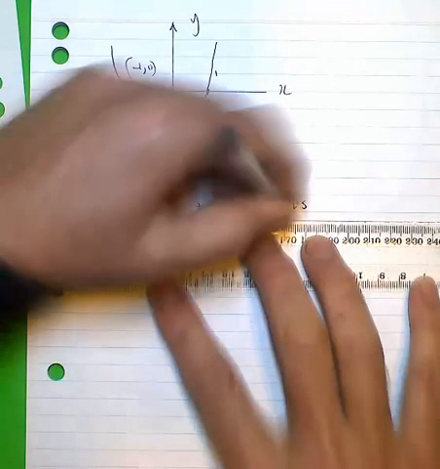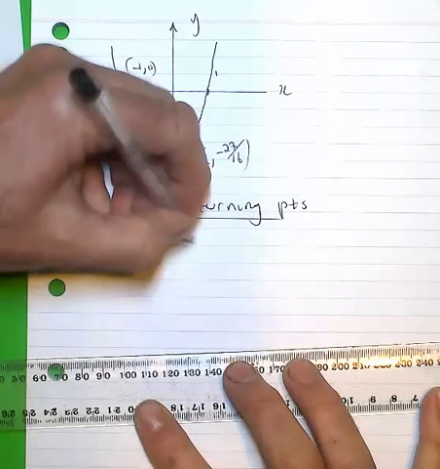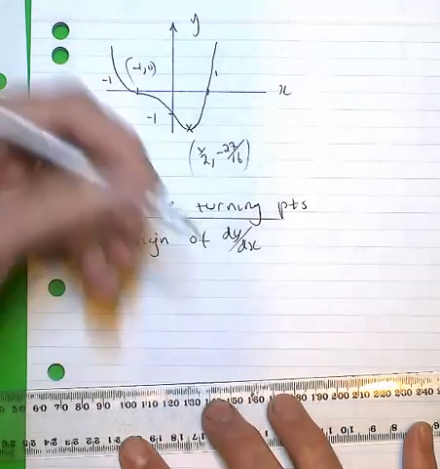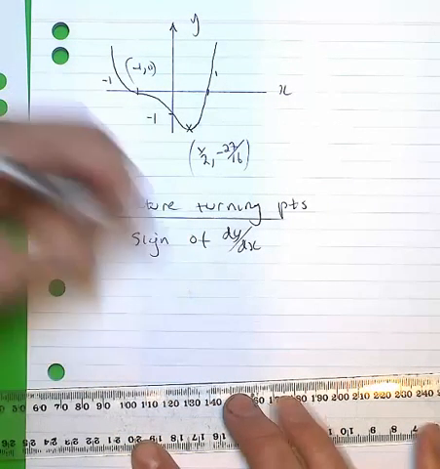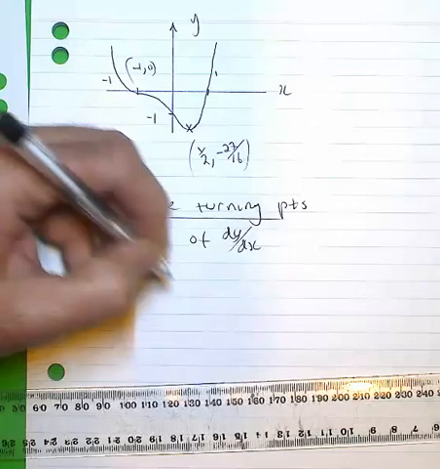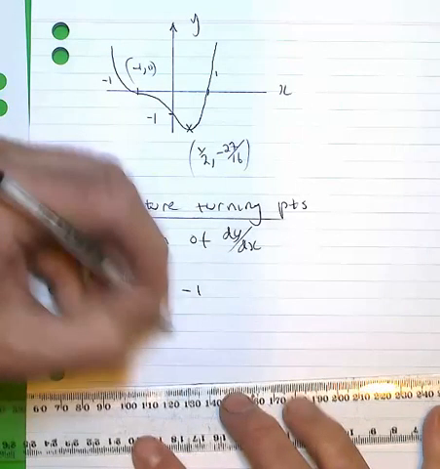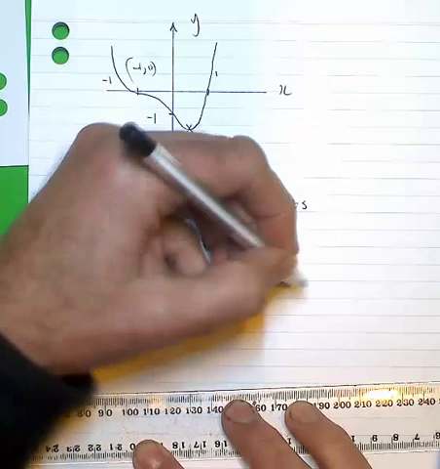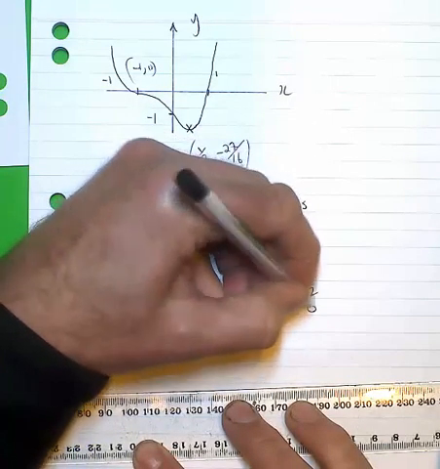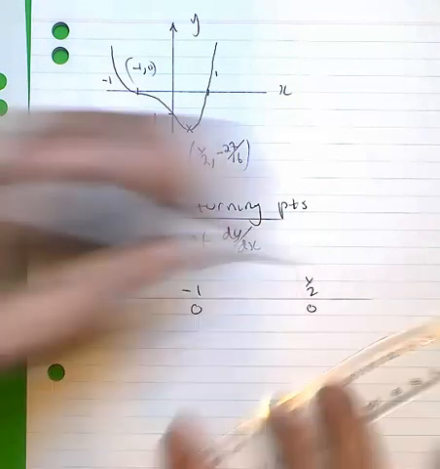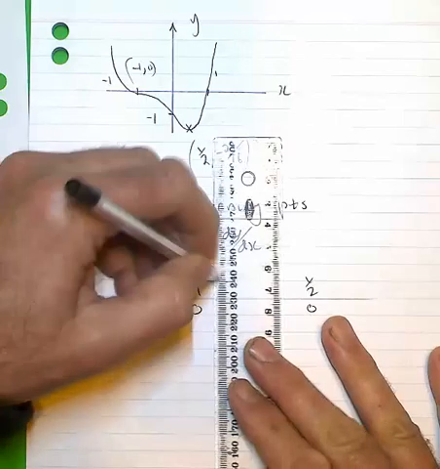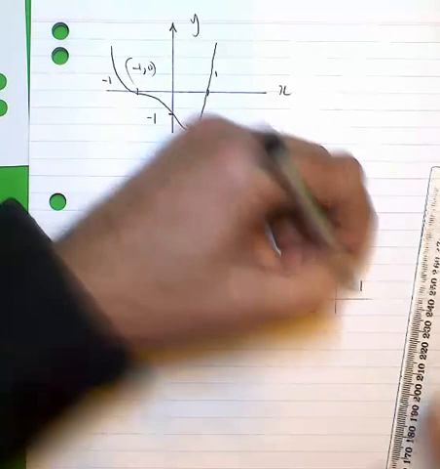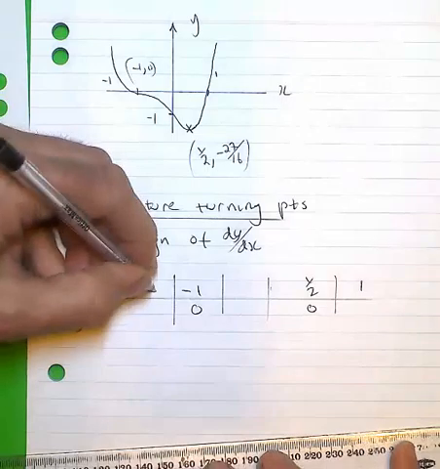And that's looking at the sign of the derivative. Now the approach I tend to take is to have a look at a few things we know about. We know at negative 1 dy over dx is going to be 0, and we know at a half it's going to be 0 as well. I'm just going to choose some relatively arbitrary numbers around those points to check out what could occur.